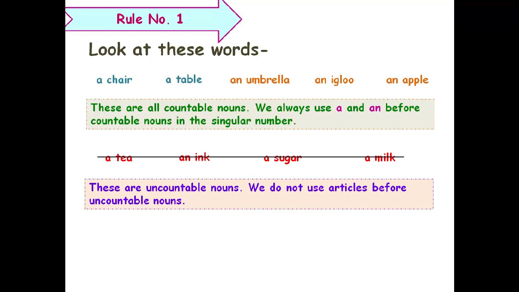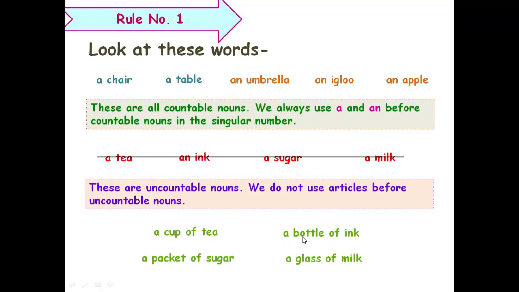So instead of saying a tea, an ink, a sugar and a milk, I might say a cup of tea, a bottle of ink, a packet of sugar and a glass of milk. Now look over here. I can use the word a here because cup is countable.